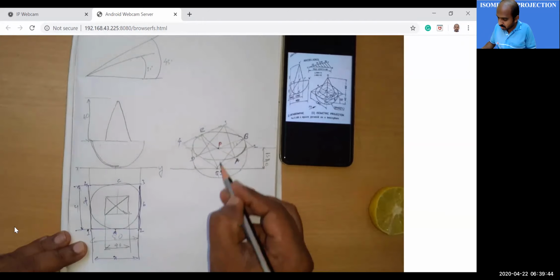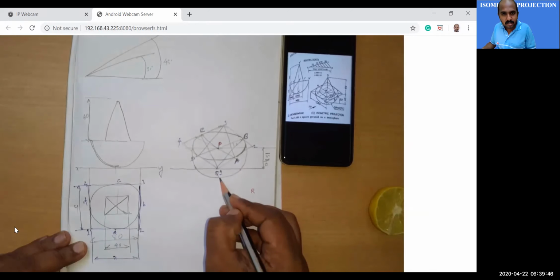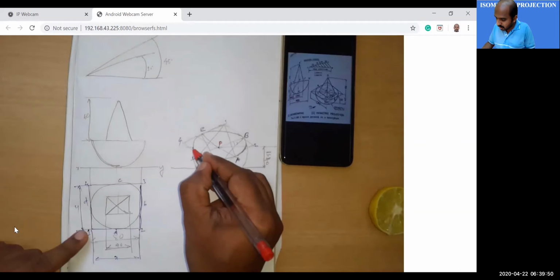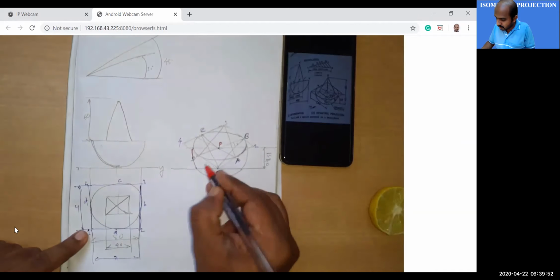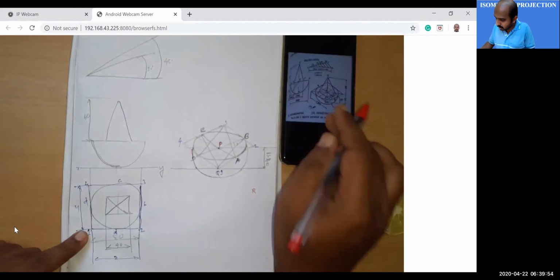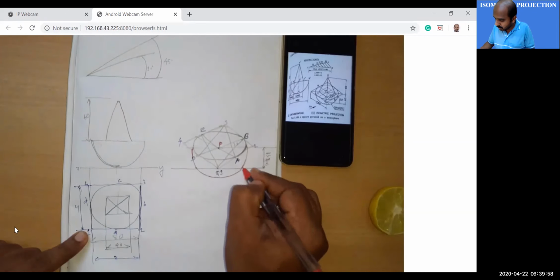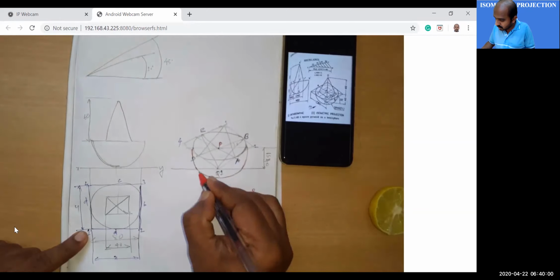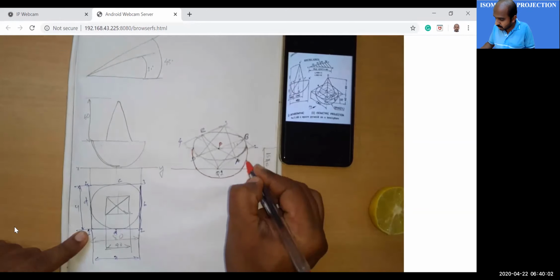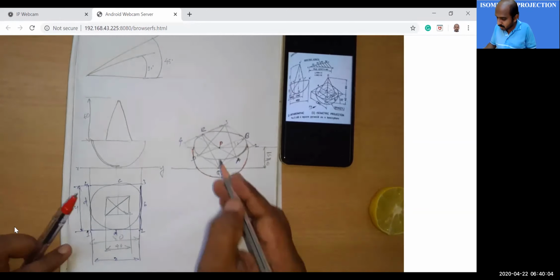So this length P to this point is larger because it is equal to 40. So this is your isometric length corresponding to the surface of the hemisphere. Now, what about this dimension?